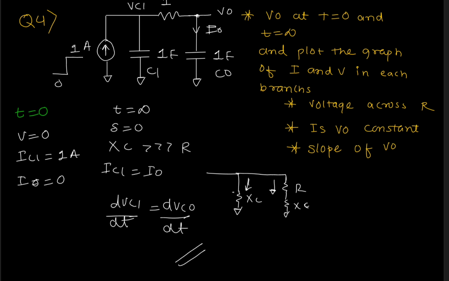At first, this capacitor was getting increased and this was stopped, but due to this current, the rate of change of voltage of this capacitor was getting increased and this was getting decreased. So at the end, both the capacitors will have the same rate of change and the same slope.